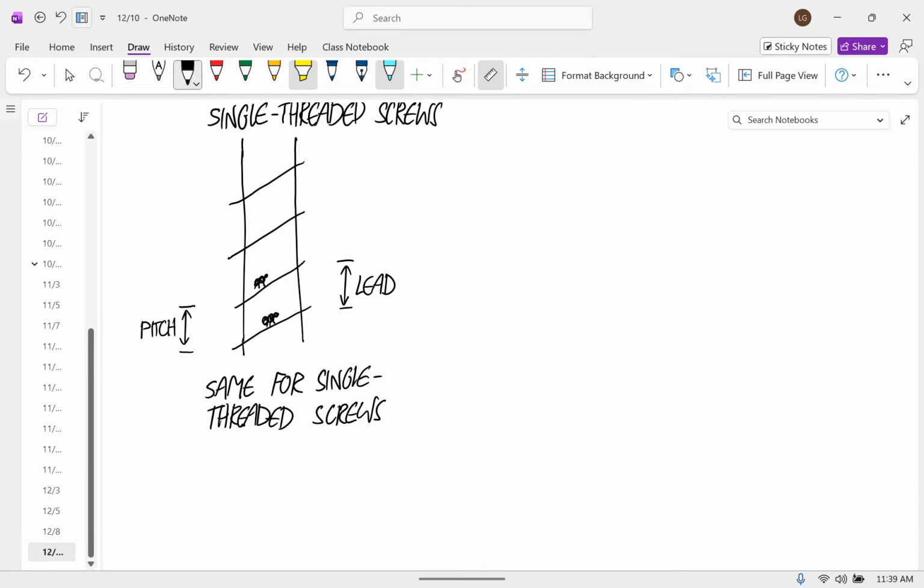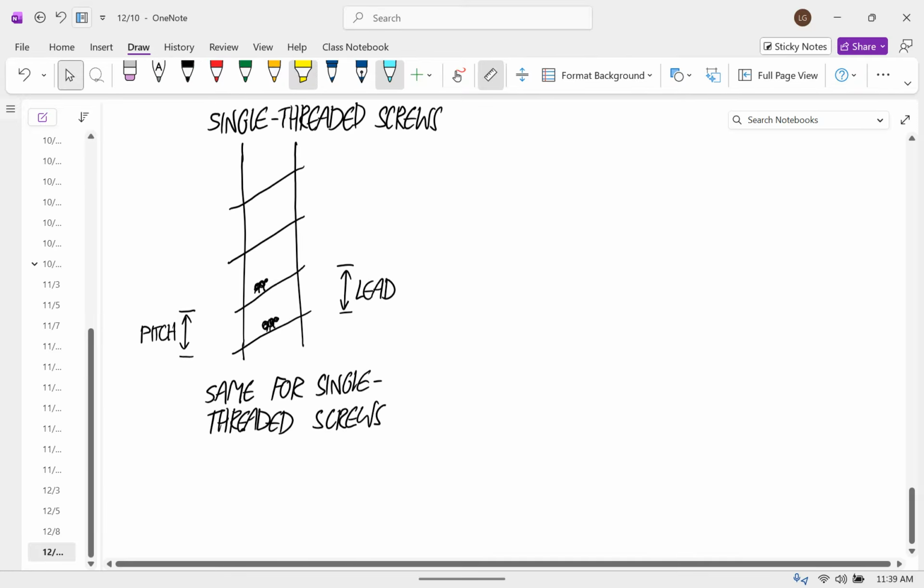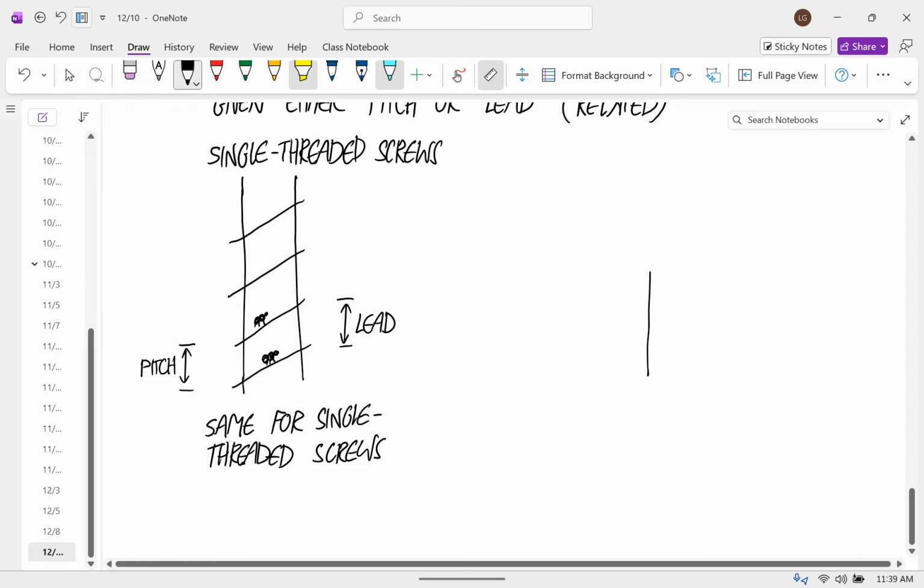There is also such a thing for square threaded screws as double threaded screws.